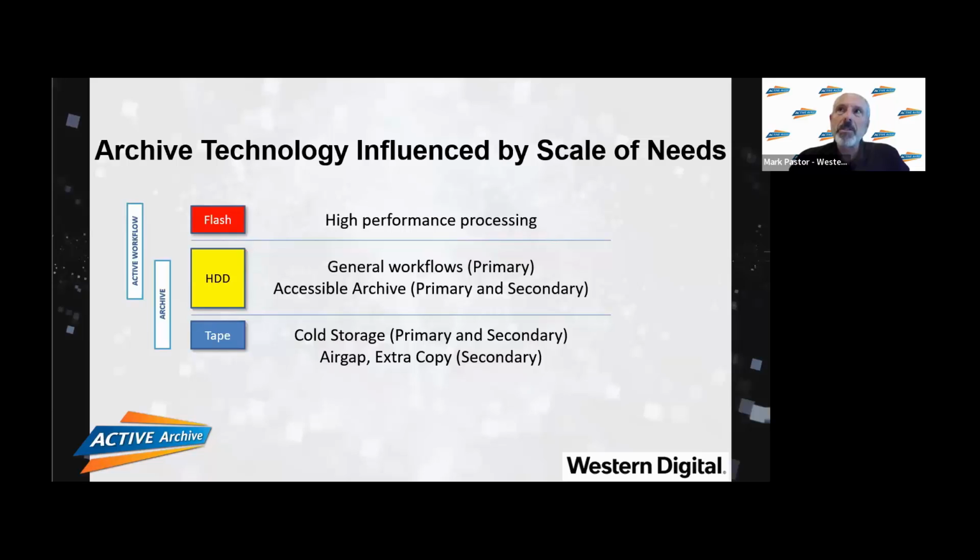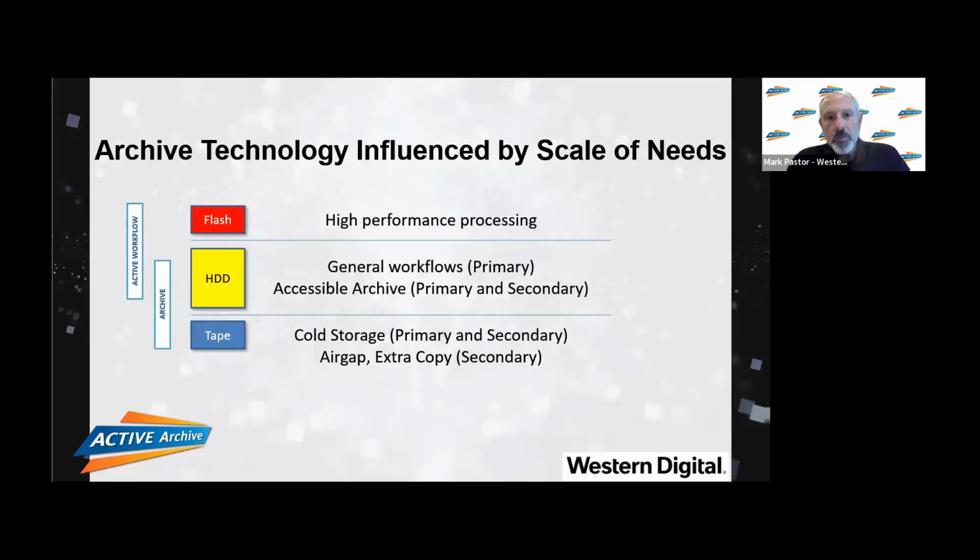So it depends on how big your deep archive is, how complex your ecosystem needs to be in terms of managing the various technologies and the tiers and all that. And hopefully that TCO I showed you on the previous slide says hard drive can actually be quite cost competitive depending on the solution that you're looking at. And so it does depend on how big the scale of each of these tiers needs to be for your own investments.